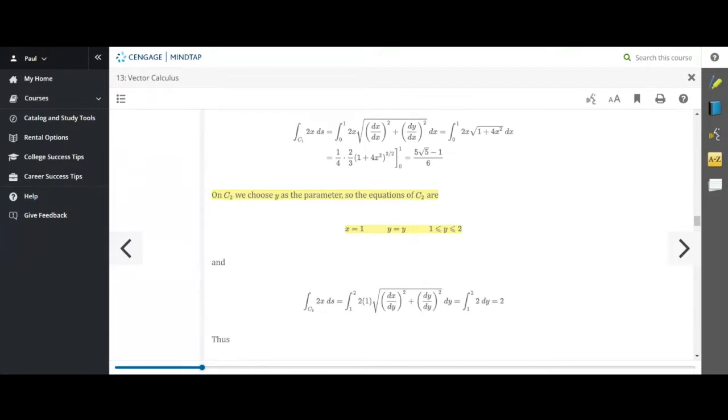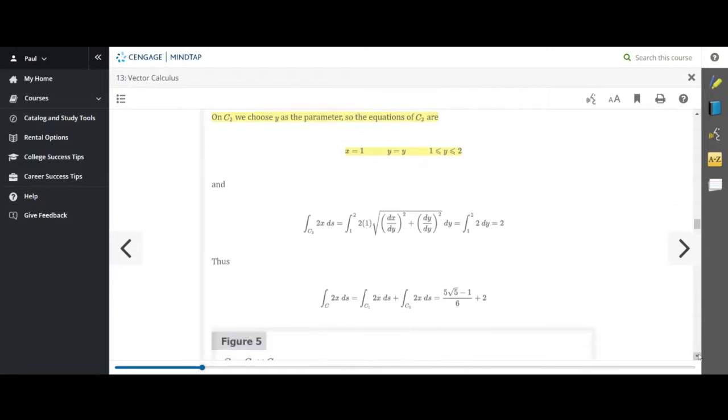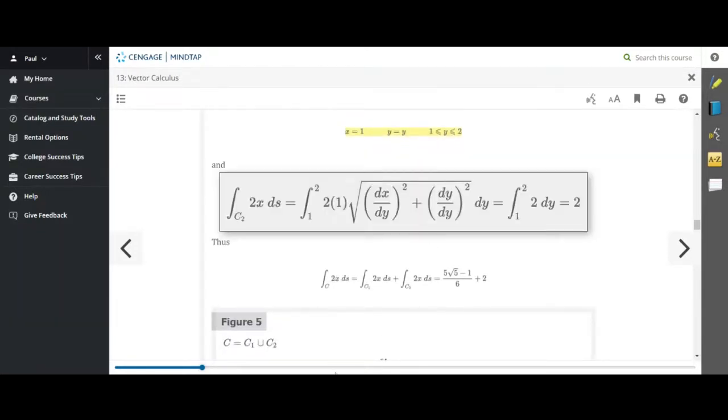And so when we do that, there's the parameterization, and now they compute the line integral for that second curve C2, and they get 2. You notice here for this second curve, y is the parameter.